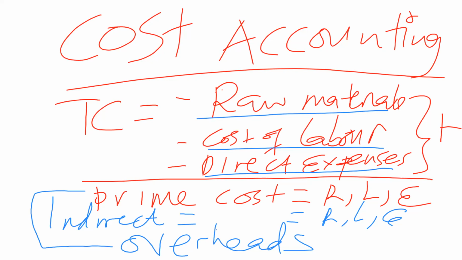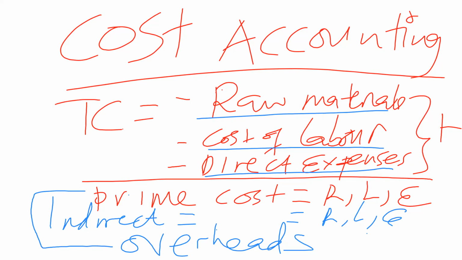Okay, I am repeating. I am saying that the total cost shall be the sum of the prime costs plus the overheads. What do we mean by prime costs? By prime costs, we refer to all the direct costs that you incur. Could be direct materials costs, direct labor costs, direct expenses.